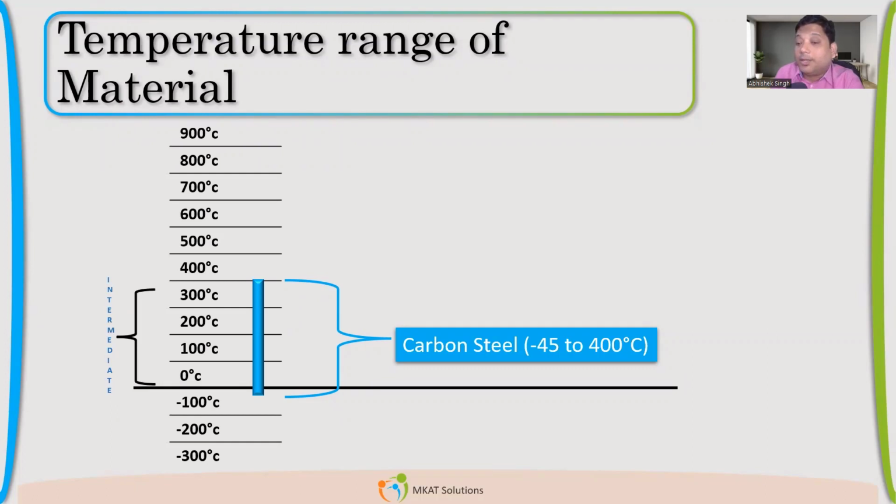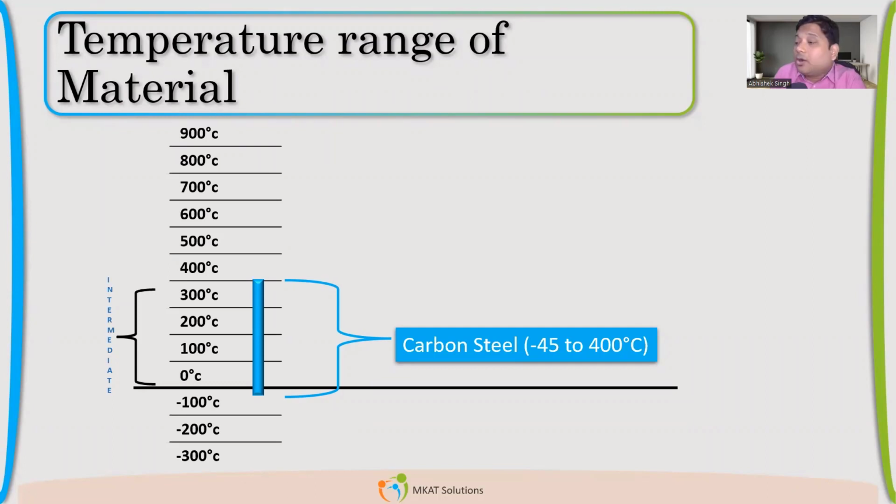Now the next question. Why is it used? Uday has already answered. It's cheap, it has good strength, good fabrication, or you can say fabricability. All these things are there, and that is the reason we use it.